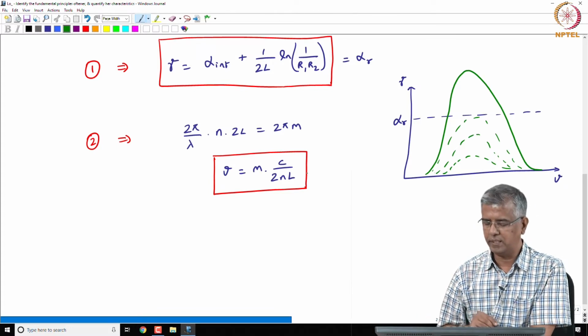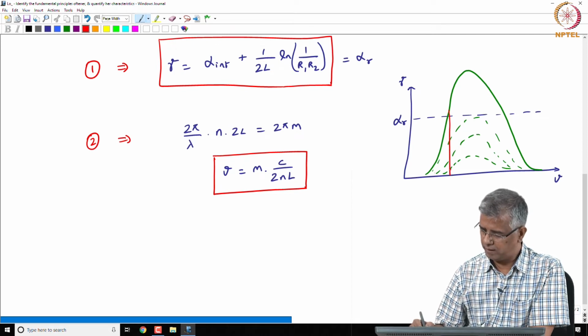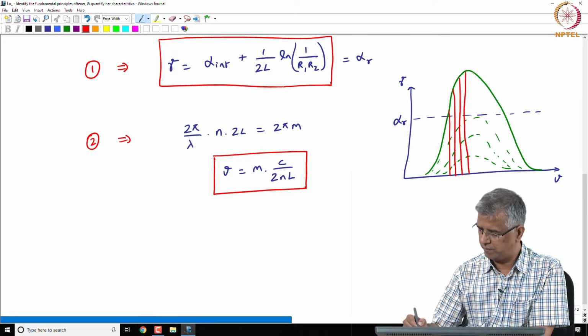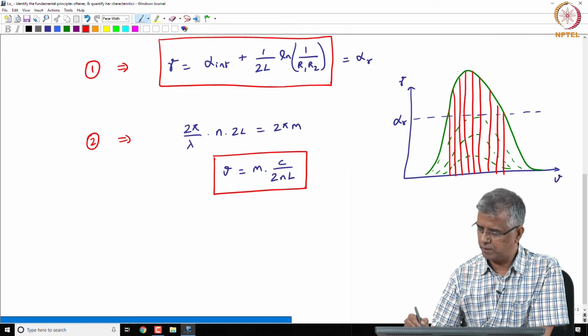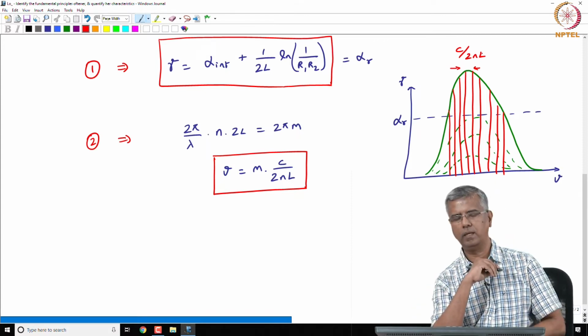What the second condition is telling us is there are certain longitudinal modes of the cavity, only certain frequencies. These frequencies are spaced by c over 2 times NL.